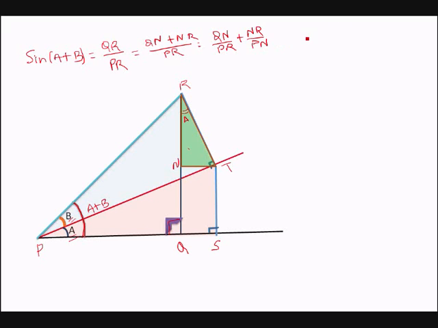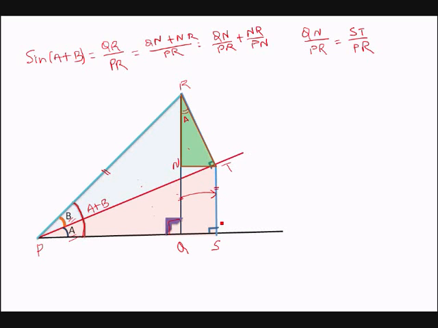Now let me consider each ratio separately. What is QN over PR? QN is here and PR is here. Instead of QN, since QN does not belong to any of these two triangles, I shift the QN as ST because they are equal. Therefore, QN can be rewritten as ST over PR.